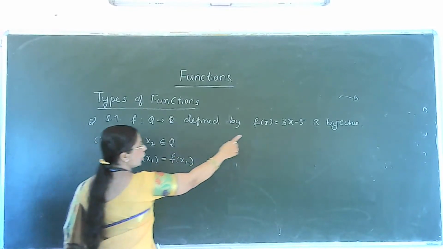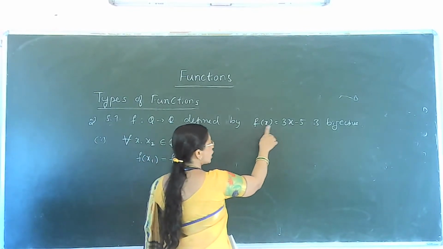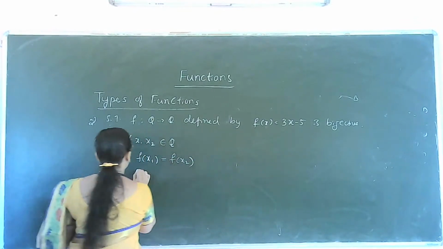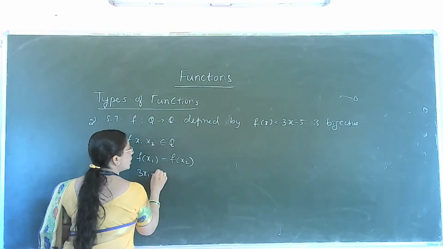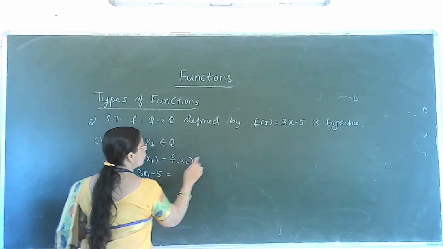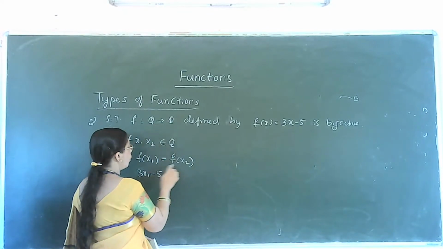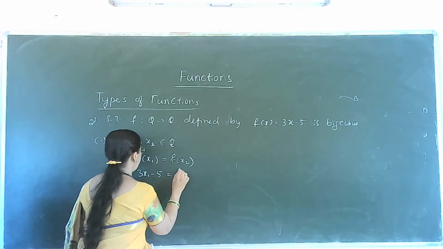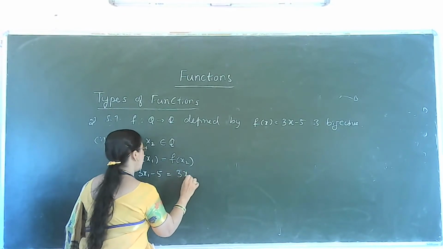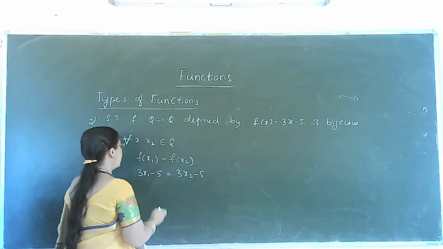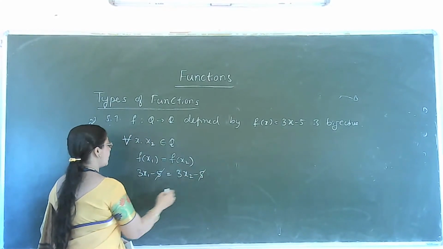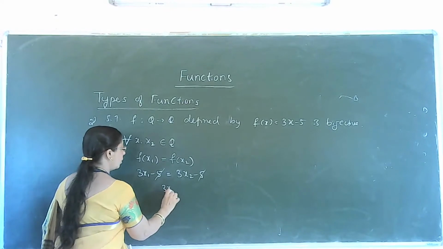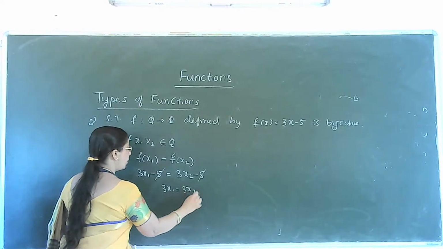Here f of x1 is equal to, we put the value x1 here, 3x1 minus 5, is equal to, in the same way we substitute x2, 3x2 minus 5. Here minus 5 cancels. 3x1 is equal to 3x2.